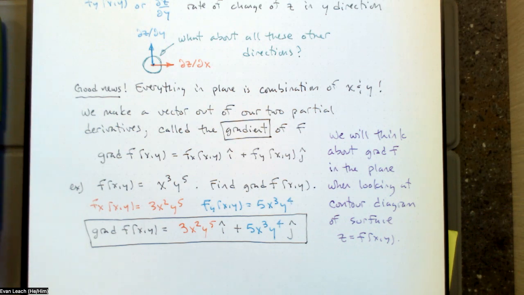We're going to be thinking about the gradient of f in the plane when we're looking at a contour diagram of the surface.